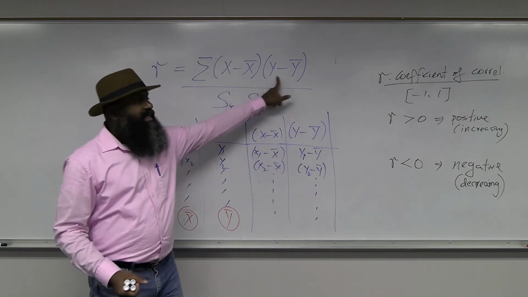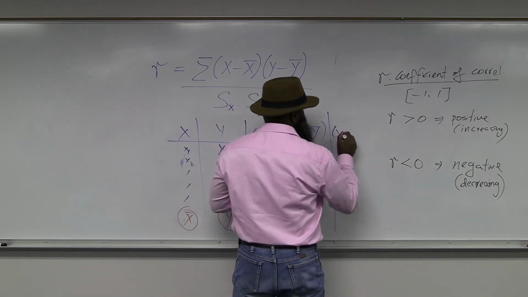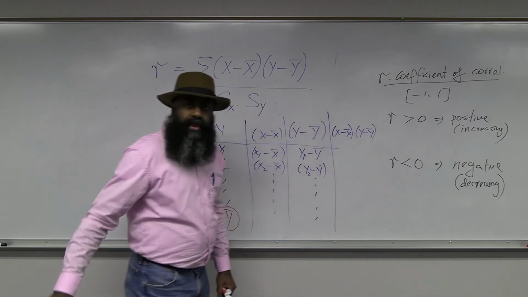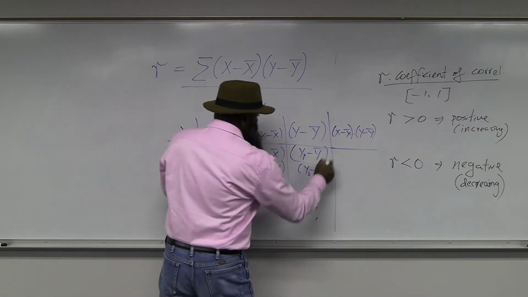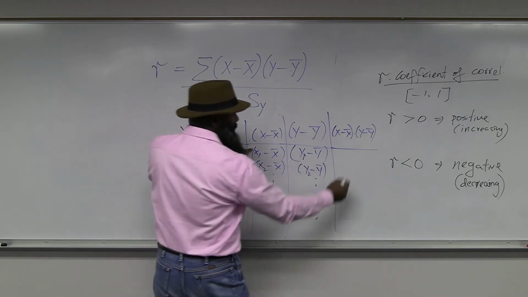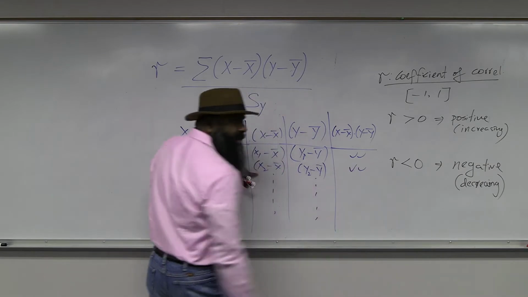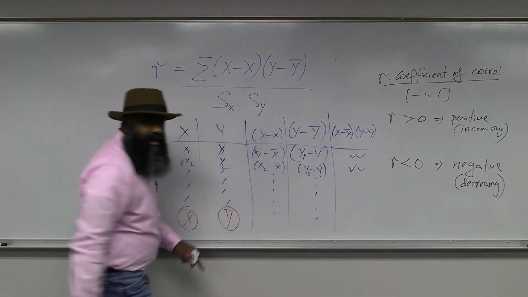That's what it says on the top. So I'm going to take the product x minus x bar times y minus y bar. I just have to multiply the first two readings here and I can write the answer there. I can multiply these two and write the answer there. And likewise, I have to continue for every single data point.